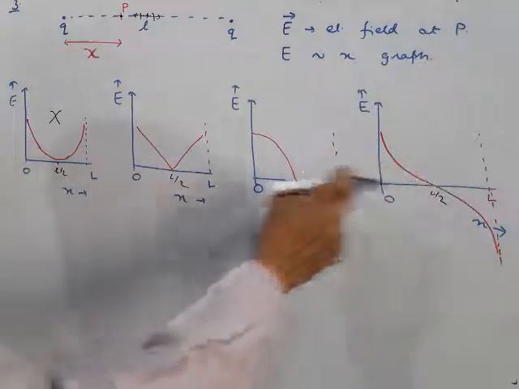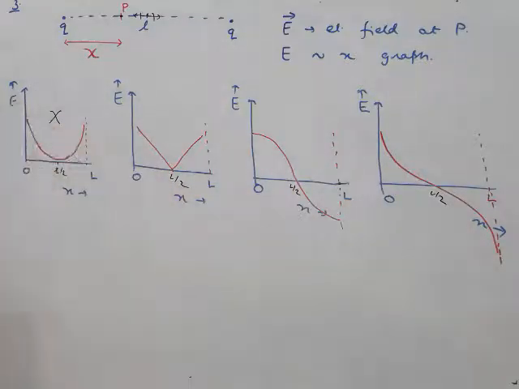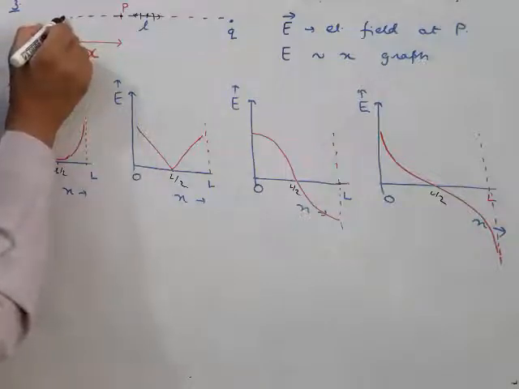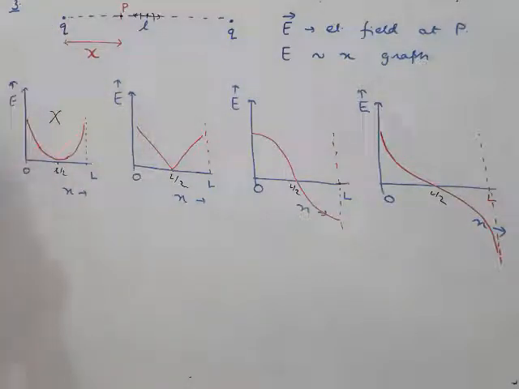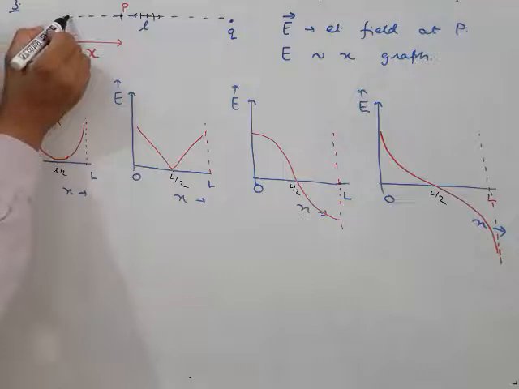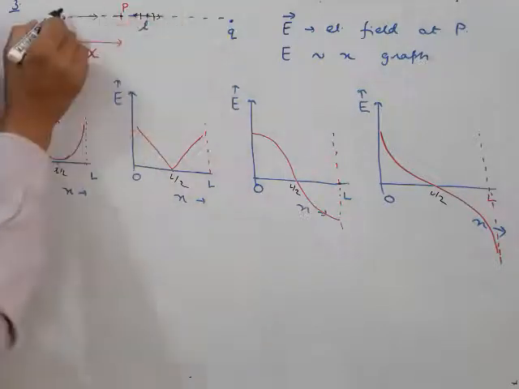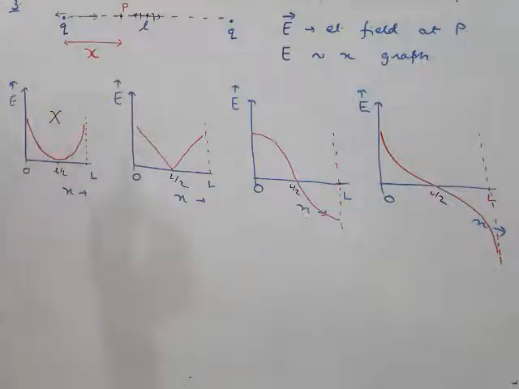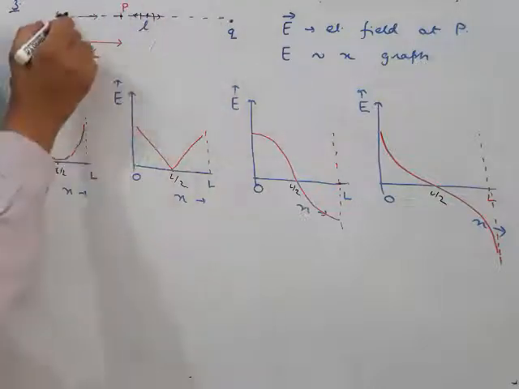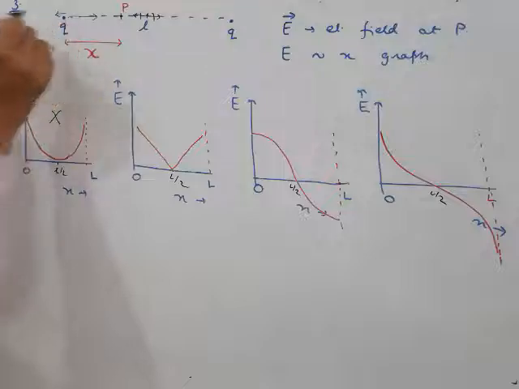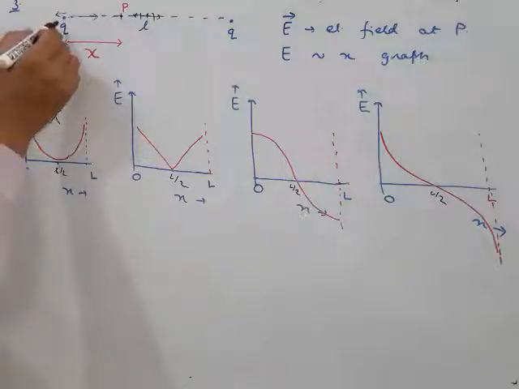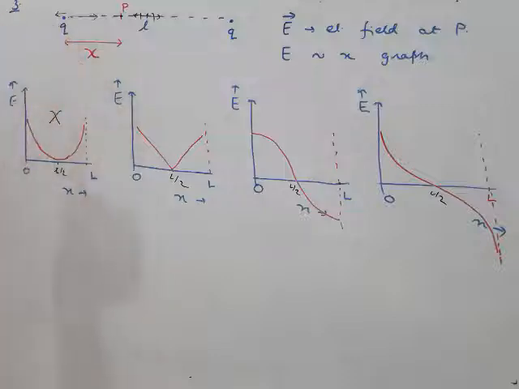Being 0 at all the three graphs, now we have to choose some other criteria. Let's see just in the vicinity of one of the charges. Here the net electric field will be due to this charge, which will be in this direction, and due to this charge, which will be in the opposite direction. But this charge is away from this point, so its electric field will be very small compared to the electric field due to this particular charge.